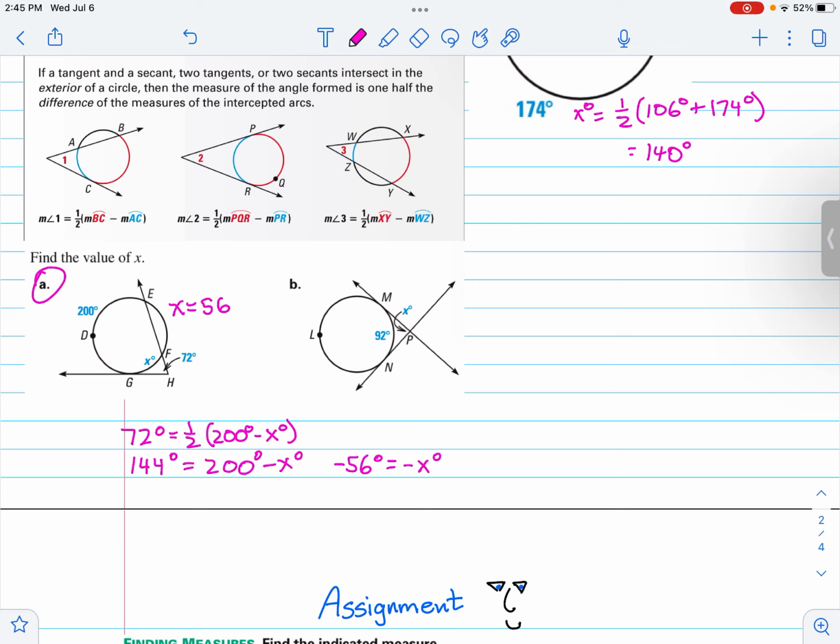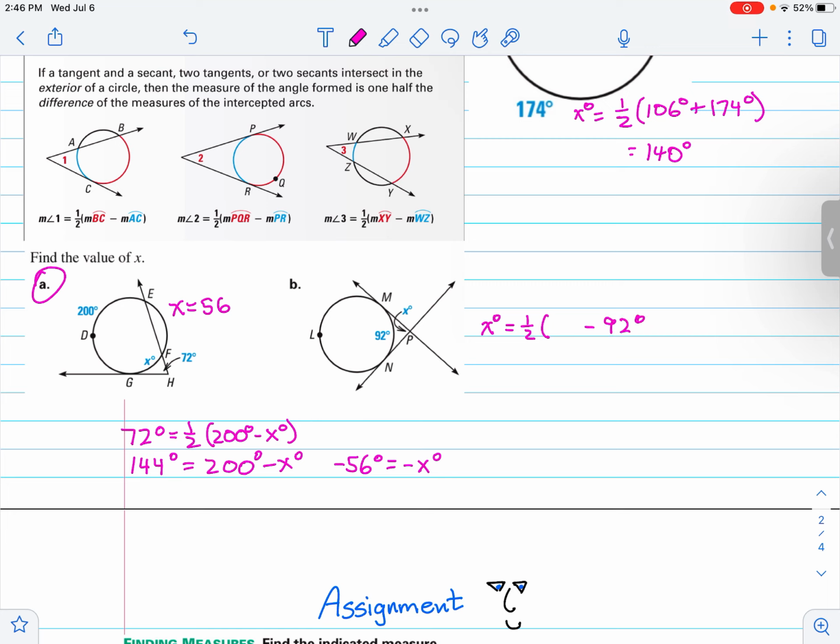Same thing over here. Oh, this is a tricky one. They don't give us any numbers up here. But notice that this arc and this arc make up the entire circle, so 360 degrees. We want x, and it's equal to 1/2 of something minus 92.